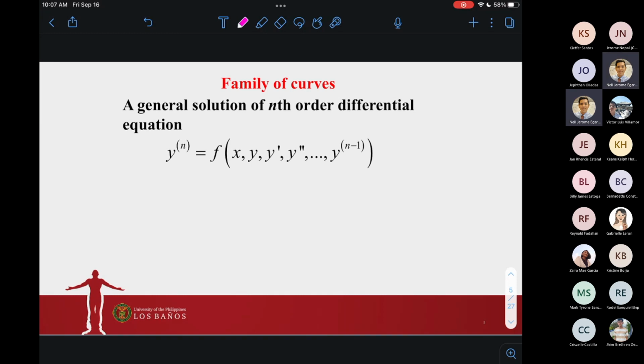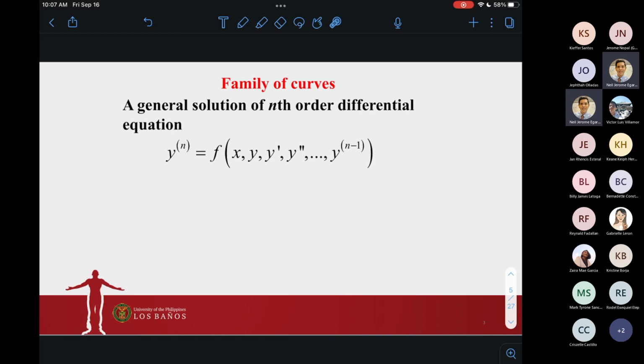Now, let's just review a general solution of an nth-order differential equation. So kung meron kang explicit form, remember ang tawag natin dito ay explicit form ng ODE because we have the highest order term, the nth derivative. Kung order n yung differential equation, ibig sabihin somewhere in your DE, you can find an nth order derivative.